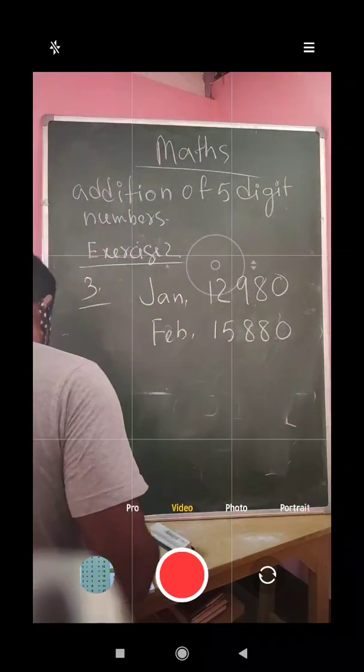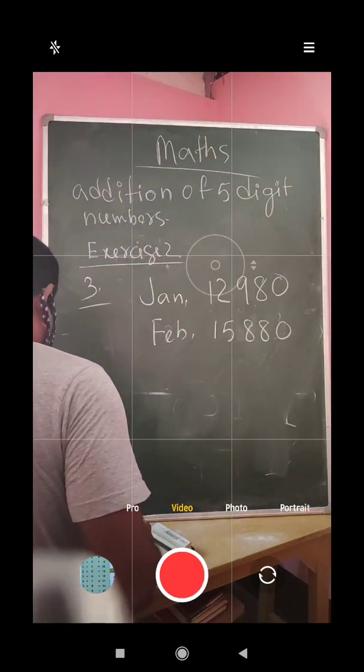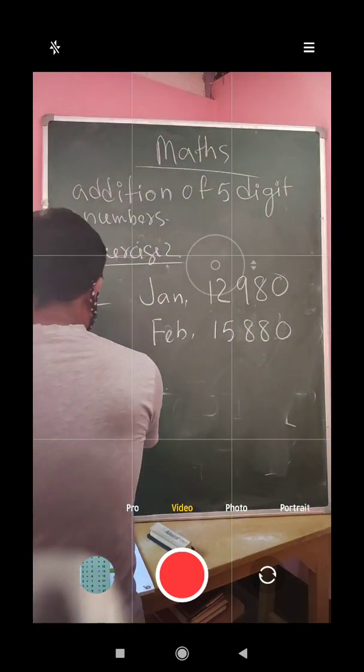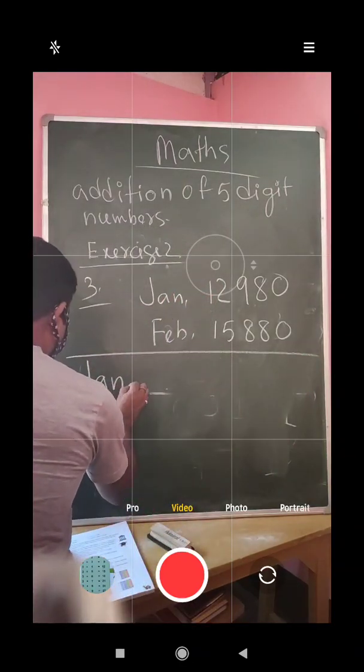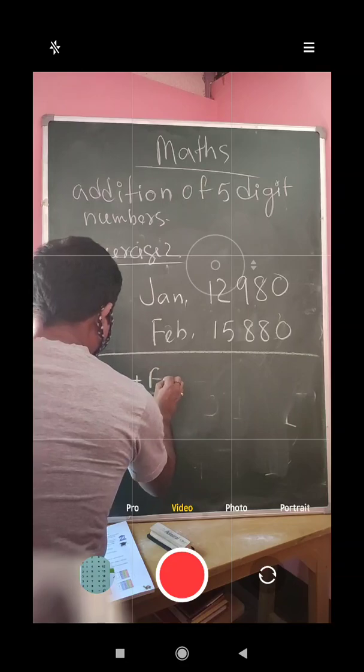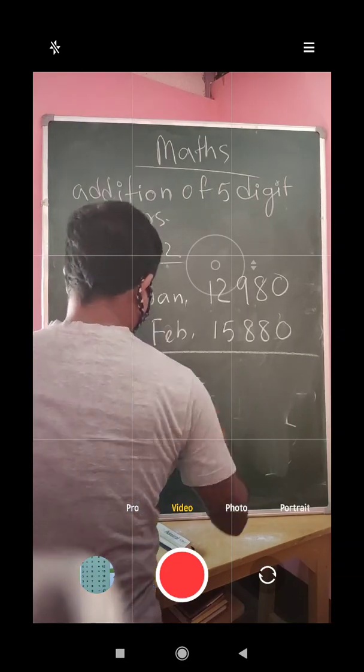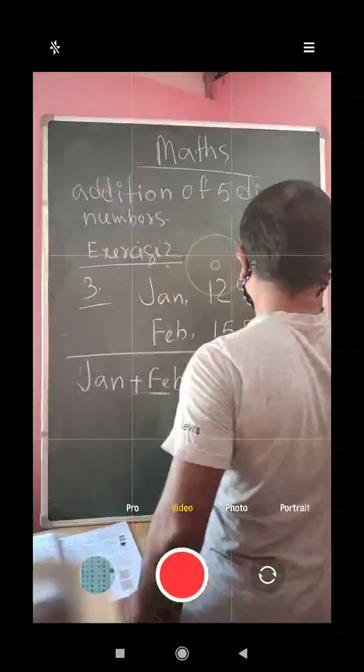Fine. So now, how much money did she deposit? So here I will do January plus February equals. Now I will add as we were doing.